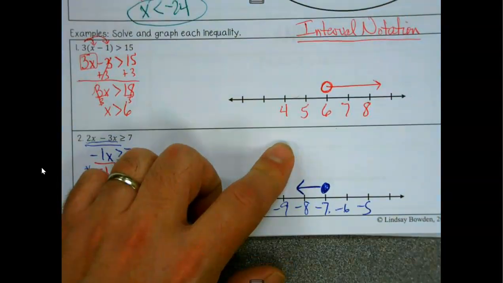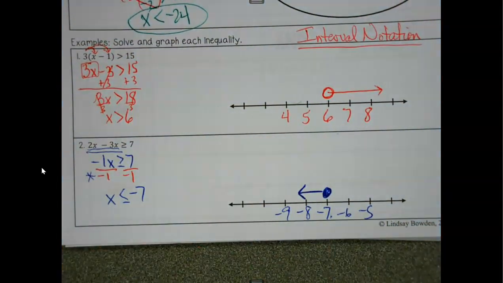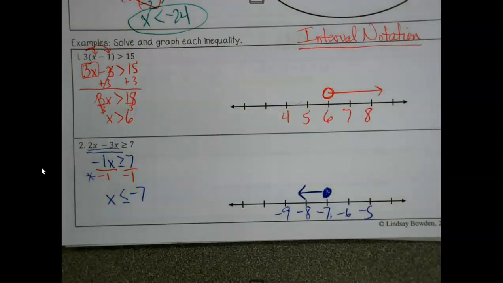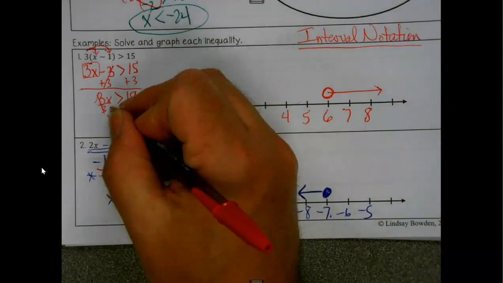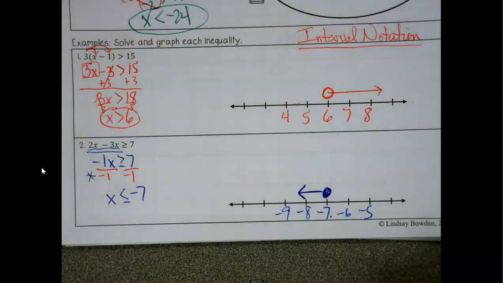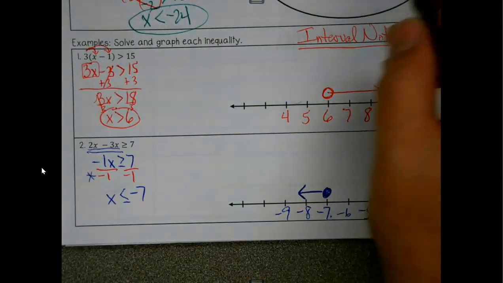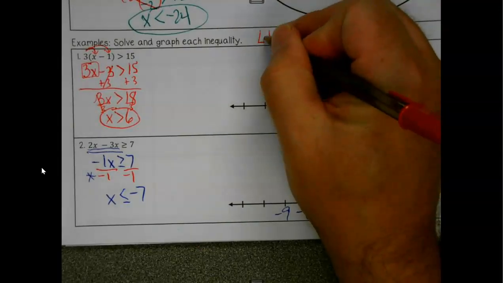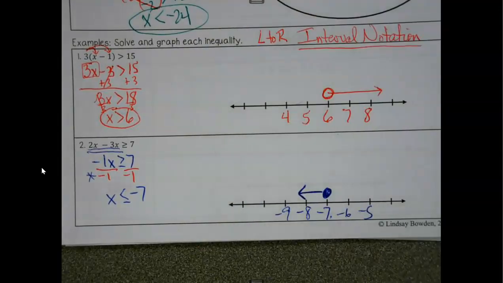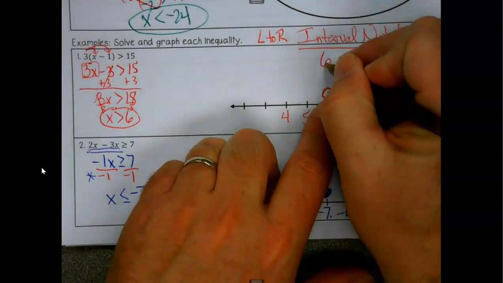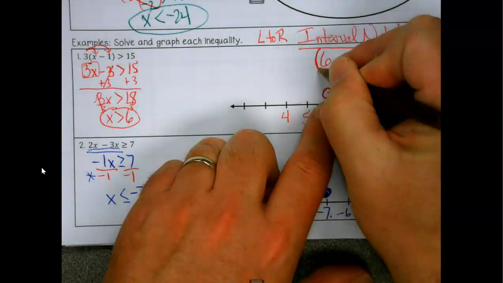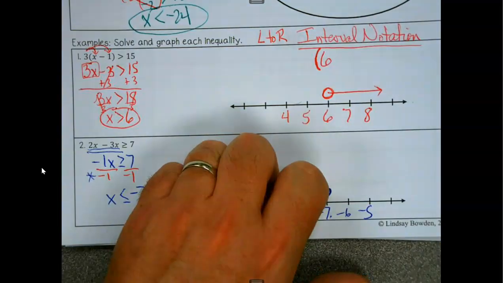It's kind of an algebraic way of telling somebody what the graph answer is without them seeing it. So x is greater than 6. We're always going to do interval notation on your graph from left to right. So here's the left point of my graph. I start at 6. I'm going to put a parenthesis on that.